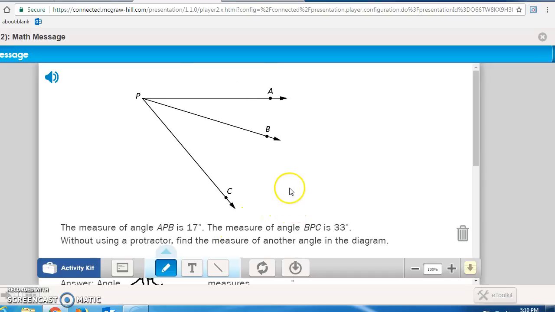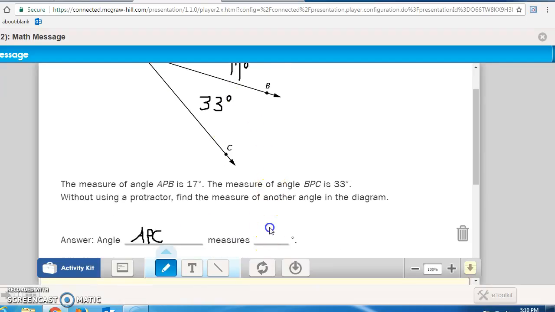So how can you figure out what the measurement of this angle will be? Well, if A to P to B is 17 degrees, and B to P to C is 33 degrees, then to figure out A to P to C, I need to add 17 plus 33, which is going to give me a measure of 50 degrees.